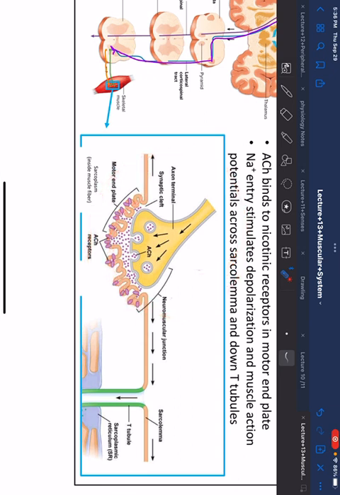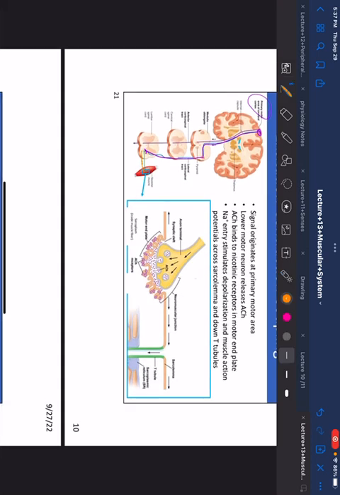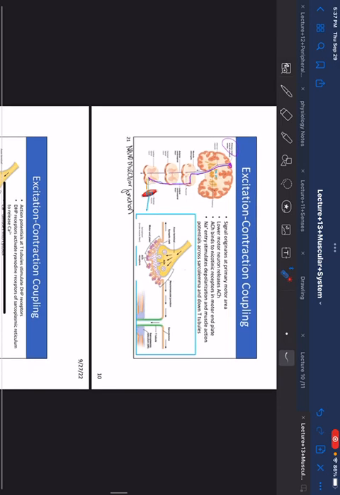And this region, where you have a communication between a neuron and a muscle fiber, is referred to as a neuromuscular junction. It's the area of communication between a neuron and a muscle fiber. So it contains the axon terminal, the synaptic cleft with its neurotransmitters, and the motor end plate.